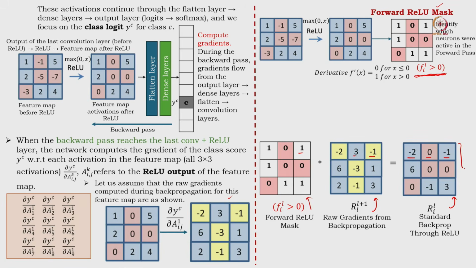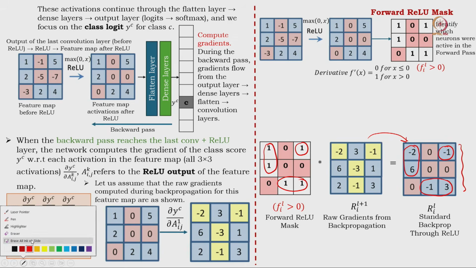Now, what are we understanding from this particular matrix? If you look into this matrix, we have values wherever the forward mask is positive. There are values here, here, and here. By doing this operation, of all the gradients, only those gradient values are retained which were actually positive during the forward pass.